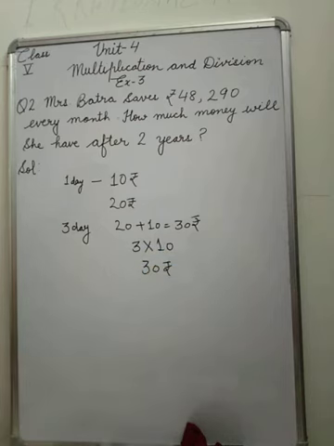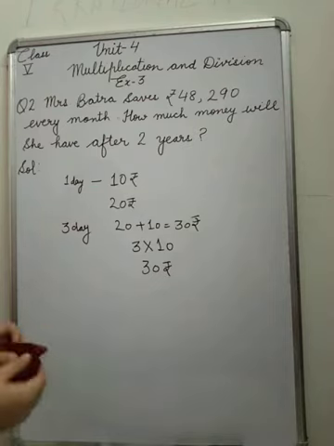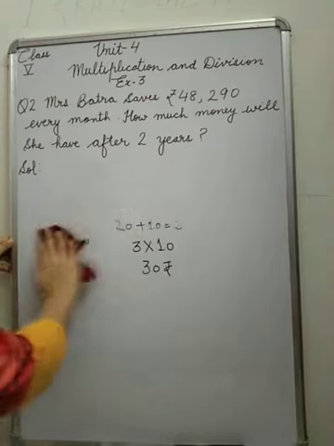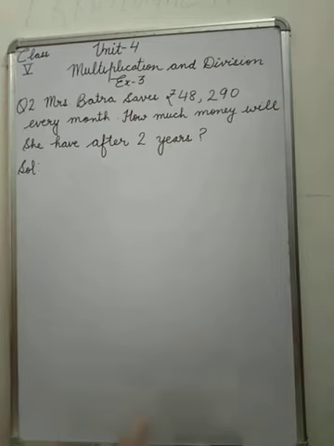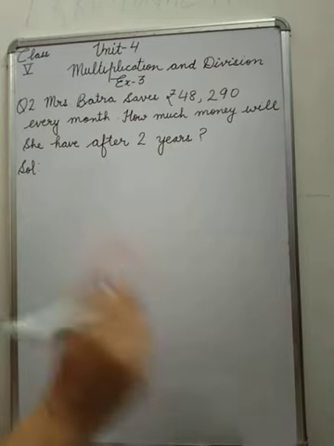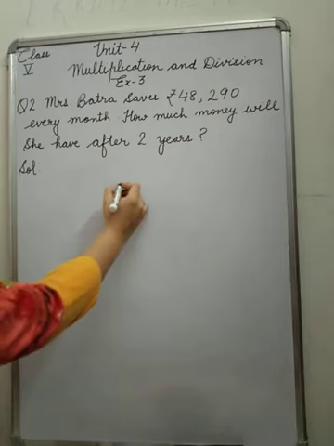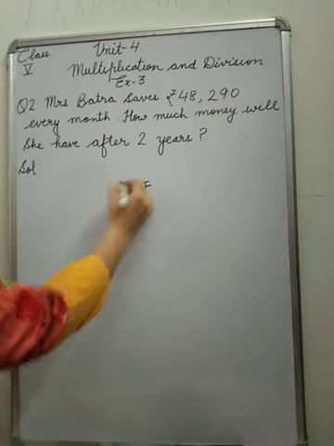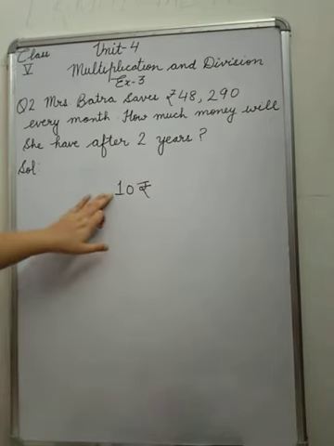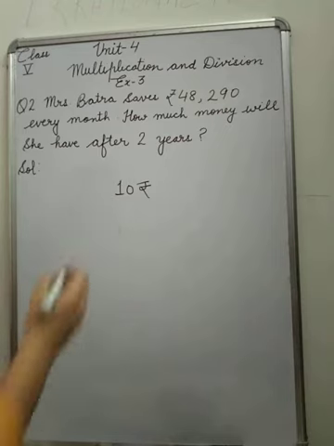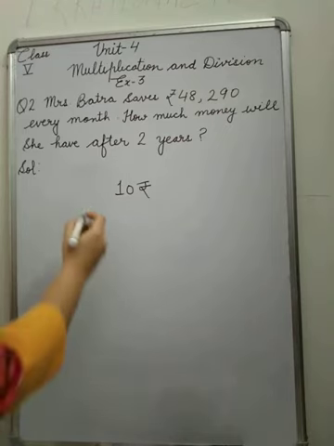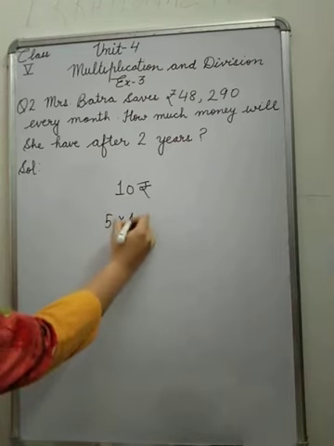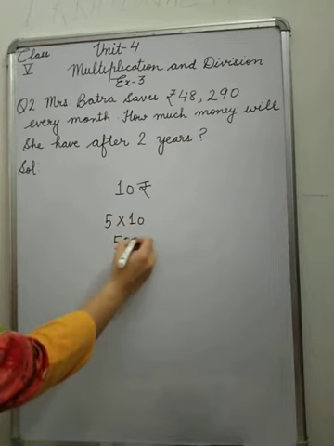Now see, if the cost of one chocolate is 10 rupees, you go to the market and purchase one chocolate, that chocolate costs 10 rupees. If you want to buy 5 chocolates of that kind, how much money do you have to pay? 5 into 10, that means 50 rupees.